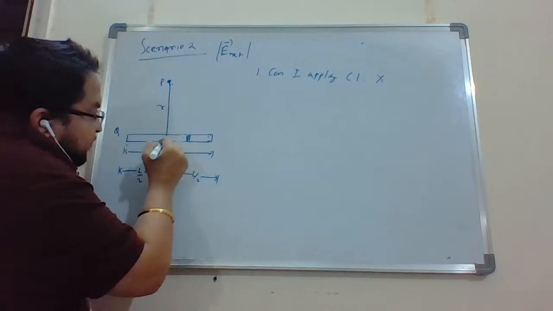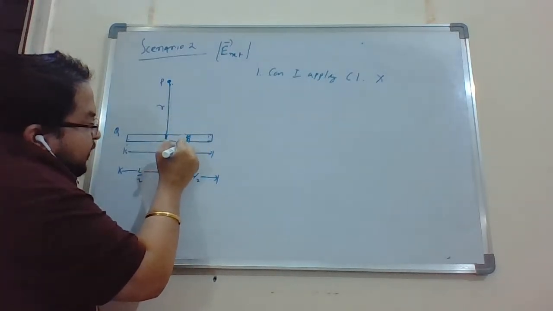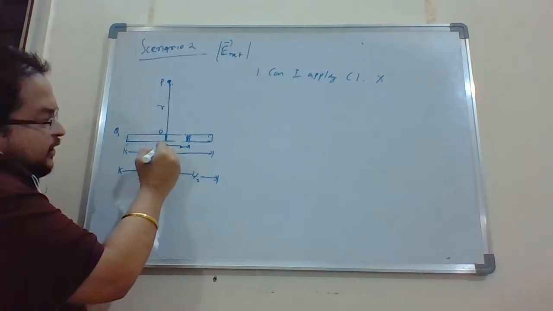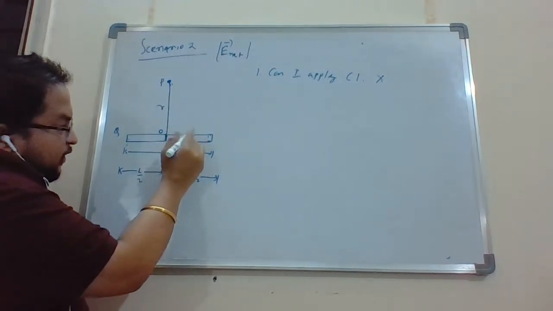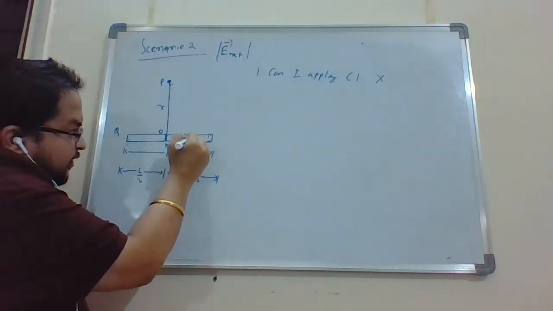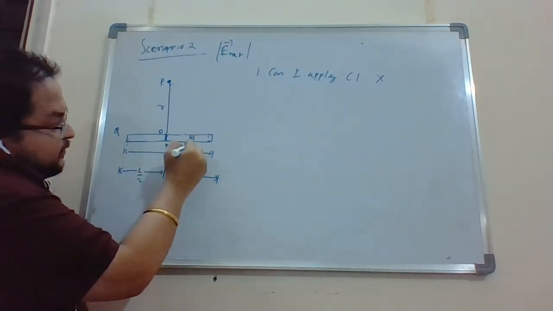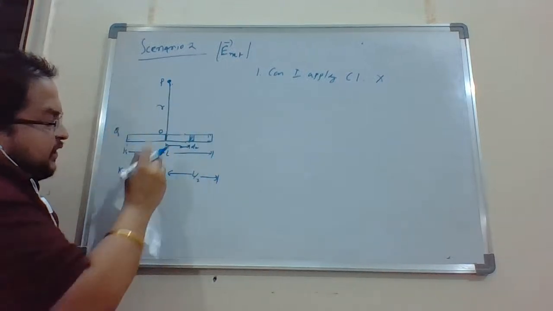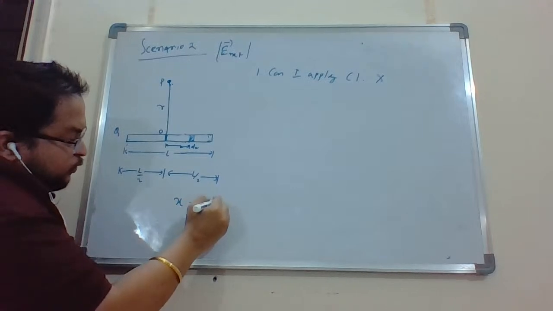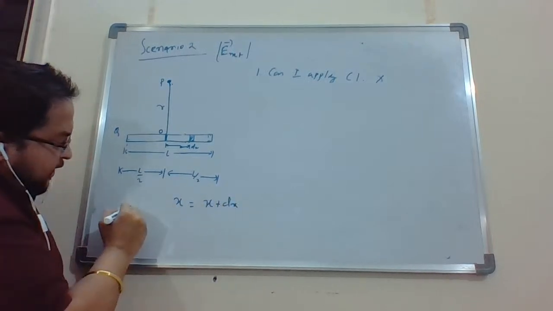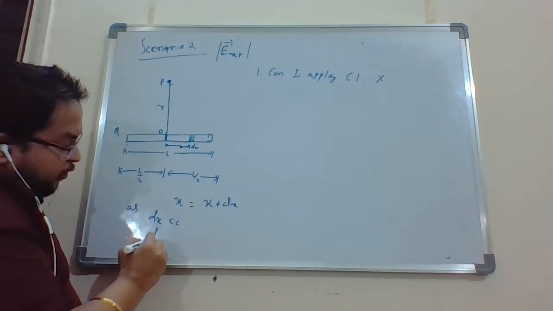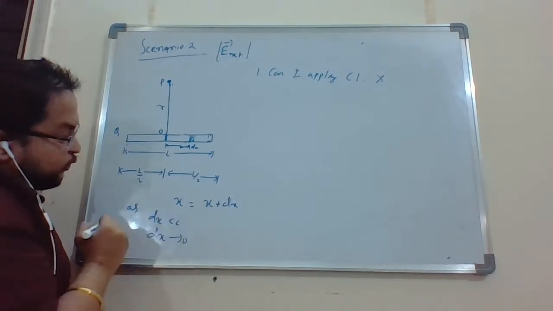So at a distance, say x from the center, suppose O is the center, at a distance x from the center, suppose I take an interval dx, okay, that will be the right thing. Why? I can say x equals x plus dx as dx is very very small, or dx is tending to 0.